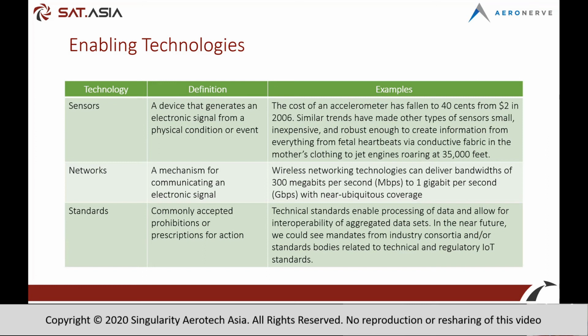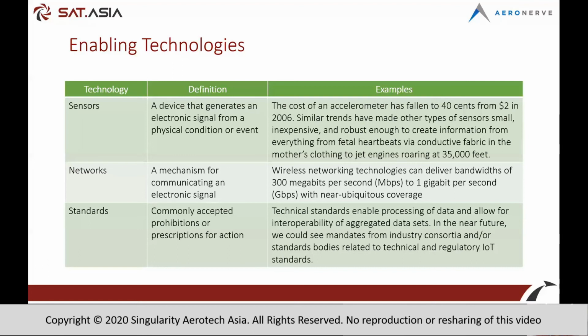If everyone follows the same standards, it can improve interoperability. So if I'm using radio frequency and another person is also using radio frequency, it is highly likely that my system and his system can be integrated.